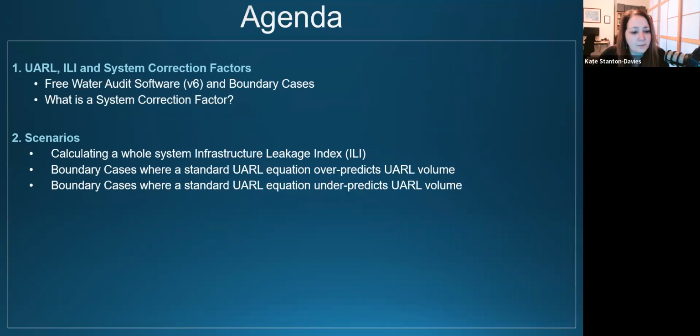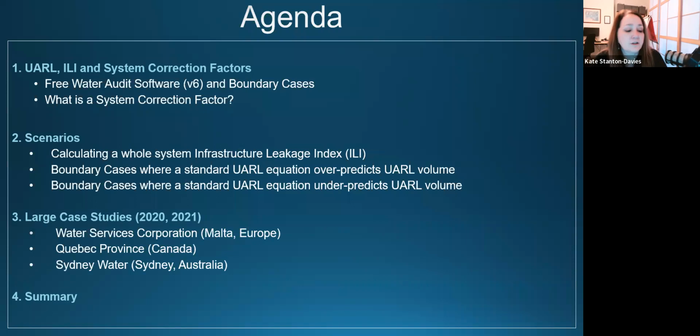And then we'll look at boundary cases where a standard UARL equation tends to under-predict UARL volume. This will give you an idea of the kind of system characteristics where you're going to get that over or under prediction, and therefore where it may be useful to have a system correction factor calculation.